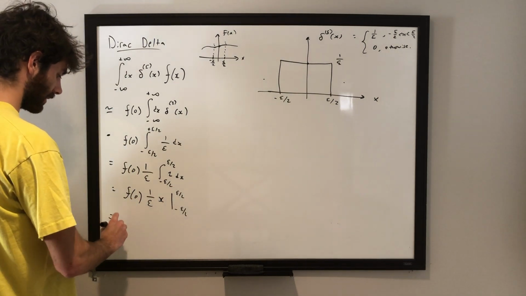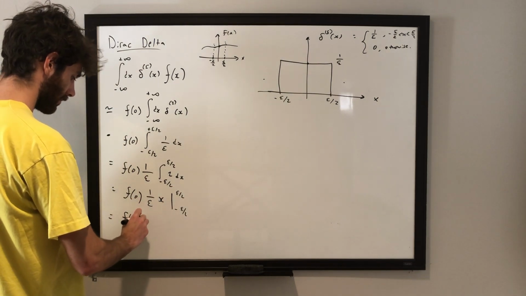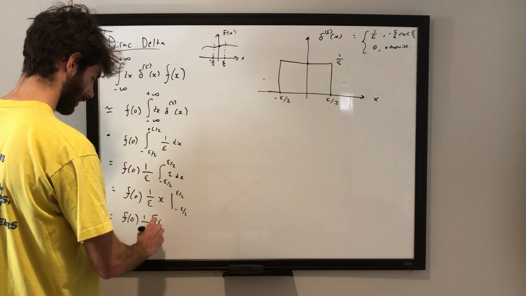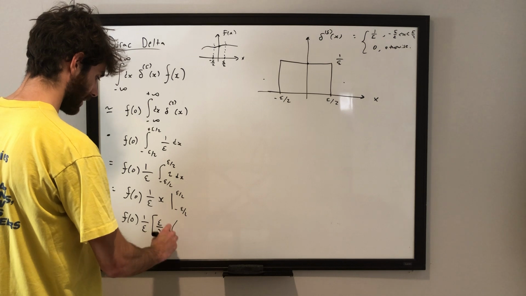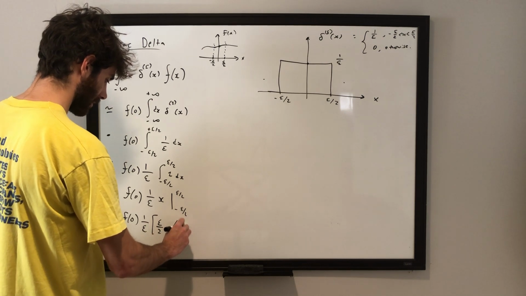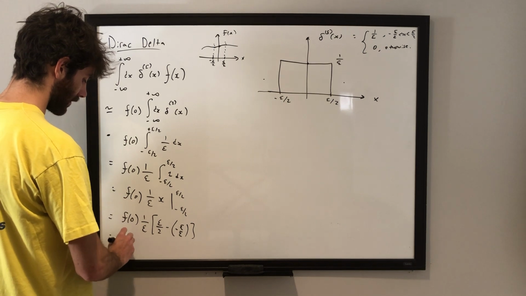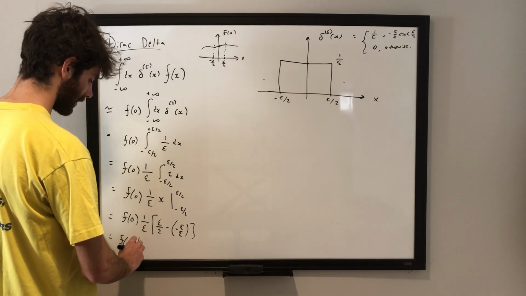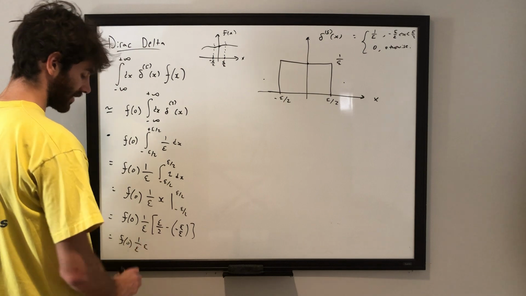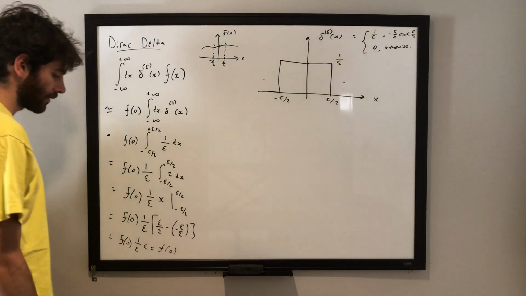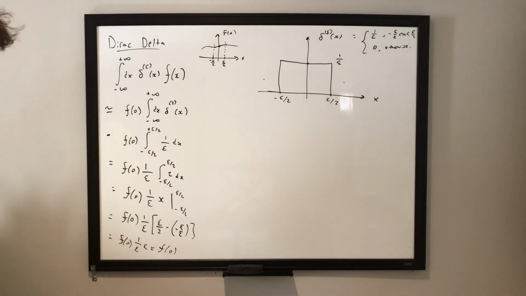I hope you can see that what we find is x at the upper bound minus x at the lower bound. And here we just get epsilon, so this is f of 0 times 1 over epsilon times epsilon, which is f of 0.